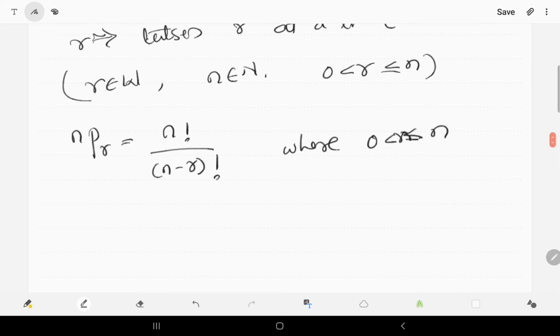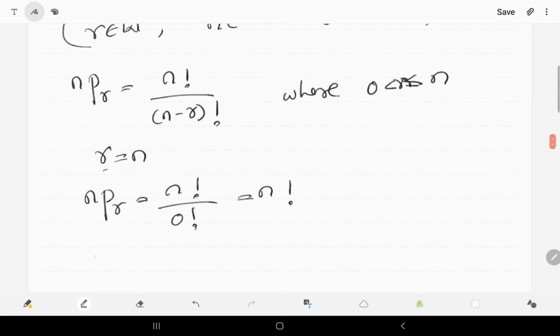Suppose r equals n, then we get nPr equal to n factorial divided by 0 factorial, that is nothing but n factorial.